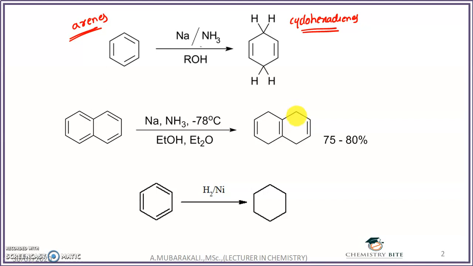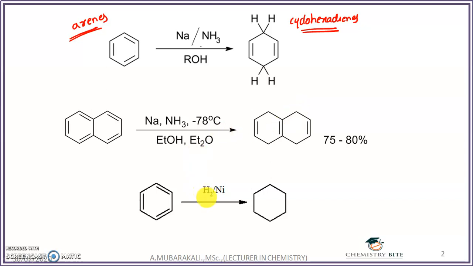This is an organic reaction of an aromatic ring in liquid ammonia with sodium or lithium or potassium and an alcohol such as ethanol or tertiary butanol. This reaction is different from catalytic hydrogenation, in which the aromatic ring is reduced to cyclohexane.